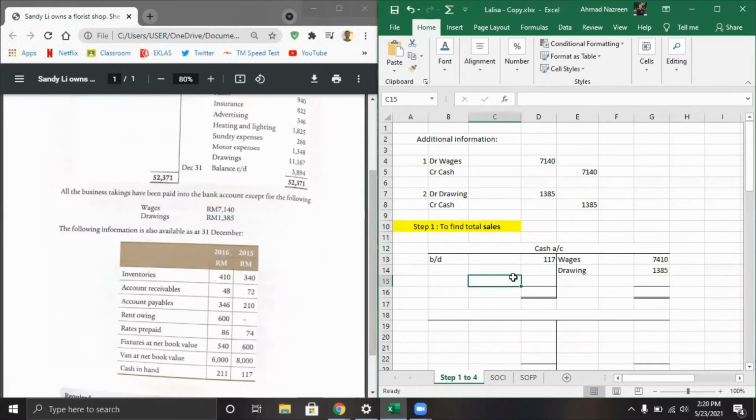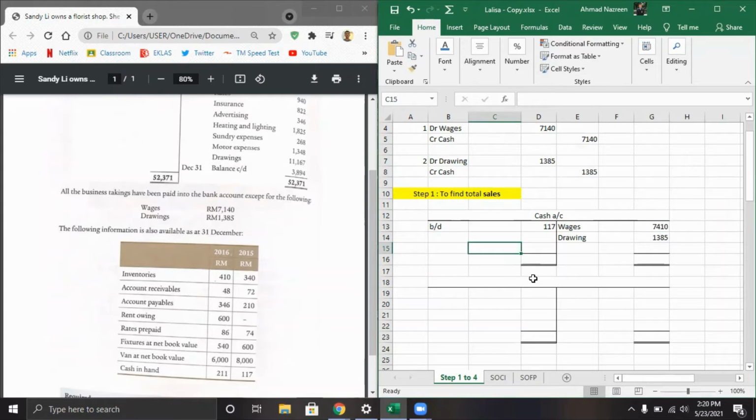For accounts receivable, the b/d balance will be credited, which is 72.